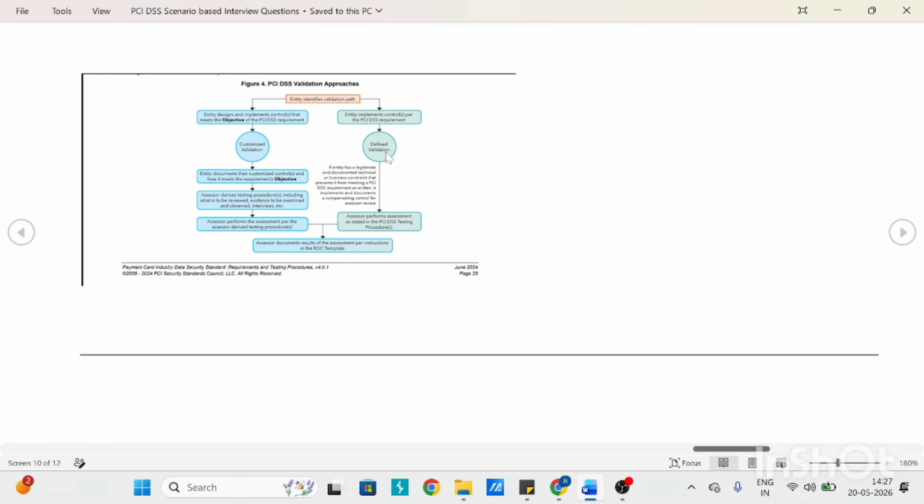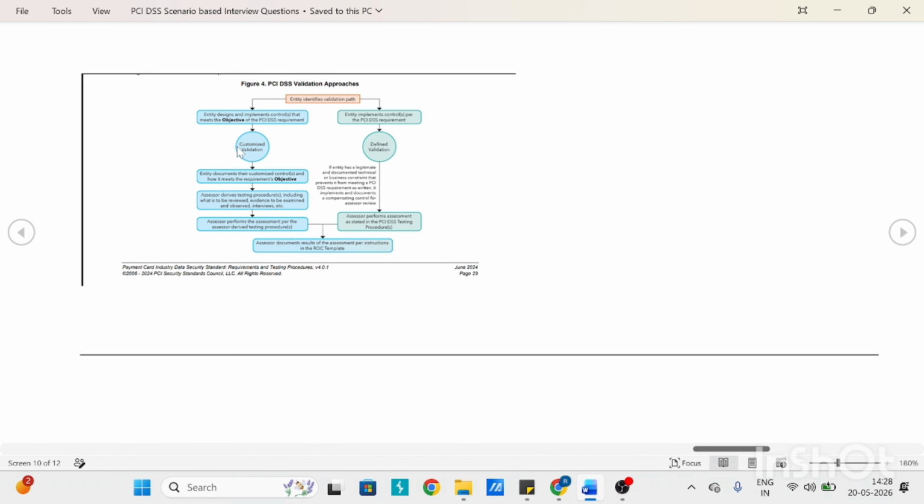Number one is the defined validation. What happens in the defined one, on the right side I am talking about? The entity implements controls as per the PCI DSS requirement. So there are already predefined controls, and the company performs as per the defined validation, meaning the organization is 100% following the processes and all.